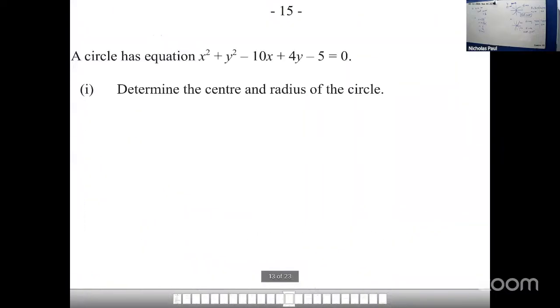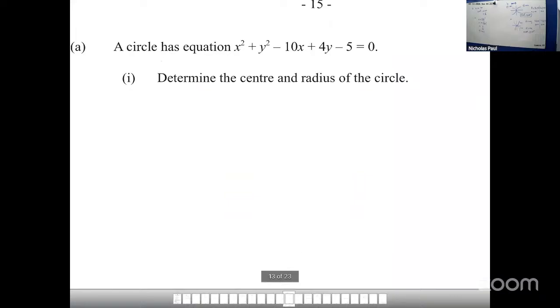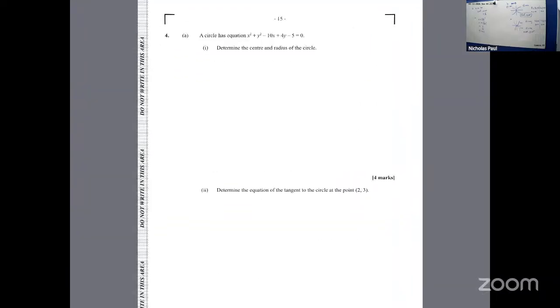The first part is kind of easy. It's 2019. Wait, no, I lied, 2020. This is number 4. Find the center, find the radius, and then they want the tangent after.